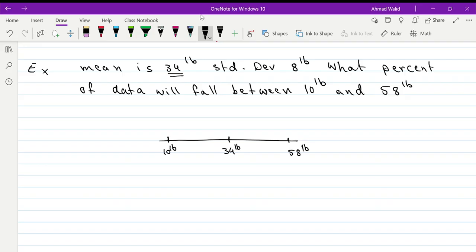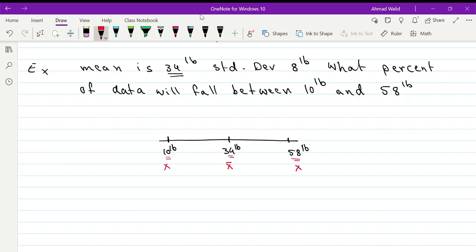To find that percentage, you have to first find how far 58 is from 34 and how far is 10 from 34. It means you have to find what? Standard deviation, correct? This is your x bar, this is x, and this is x.